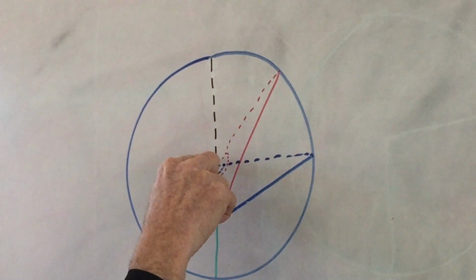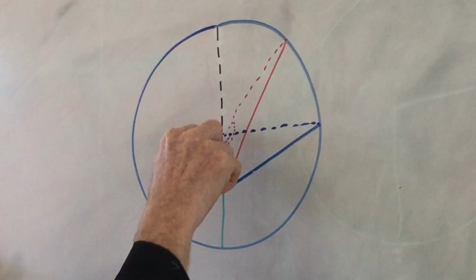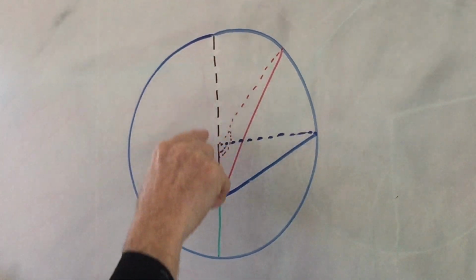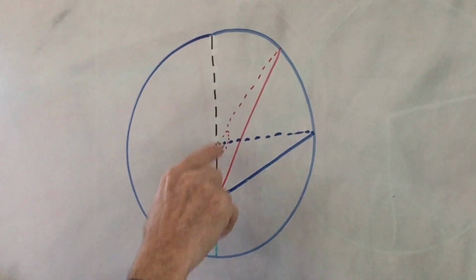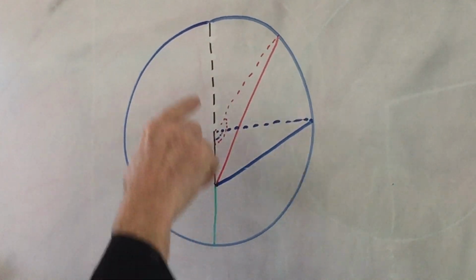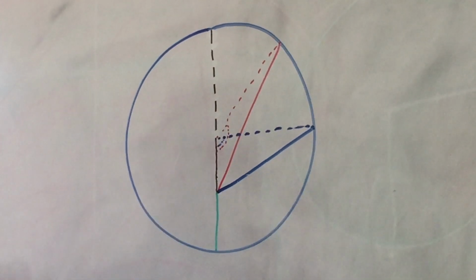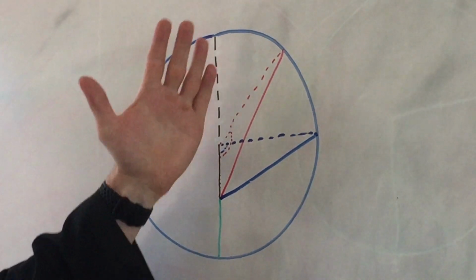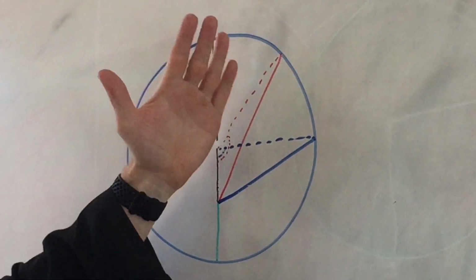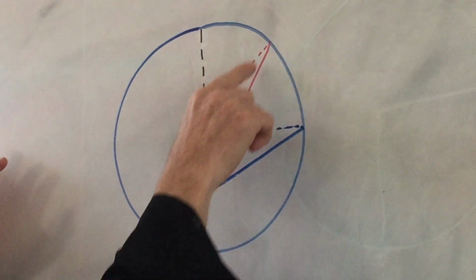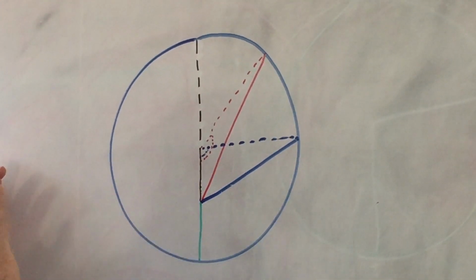So this plus this is equal to this plus this, because this is in common. So if this line is equal to this plus this line, and this plus this line are greater than this line, then this line is also greater than this line. Two things equal to the same thing are equal to each other, so if this is equal to this and this is greater than this, this is also greater than this. Great.